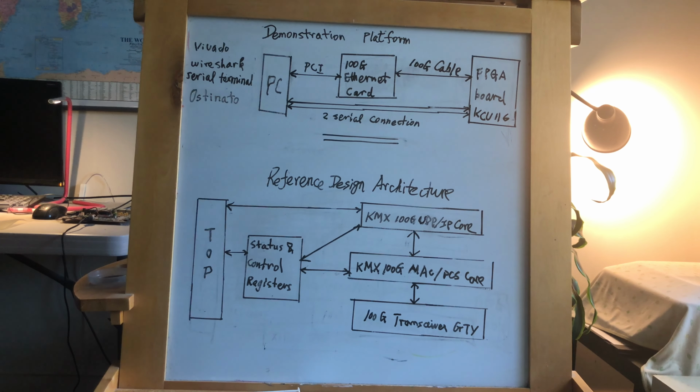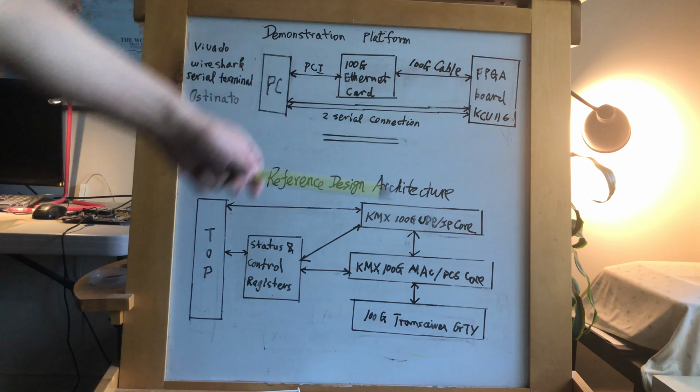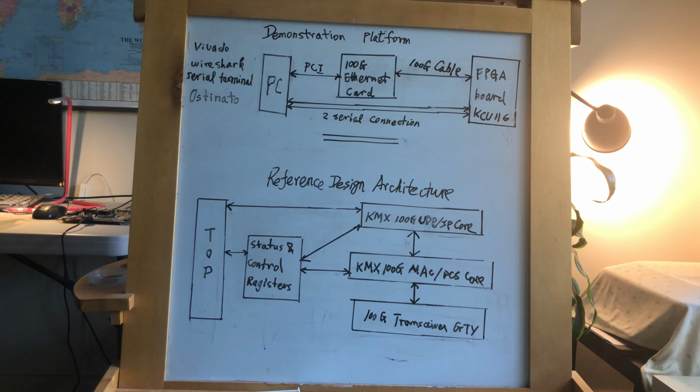A serial terminal uses another serial connection to control, configure, and monitor the FPGA device with the reference design running on it. Also, TNATO is responsible for generating required packets, which will be used later in the demonstration.